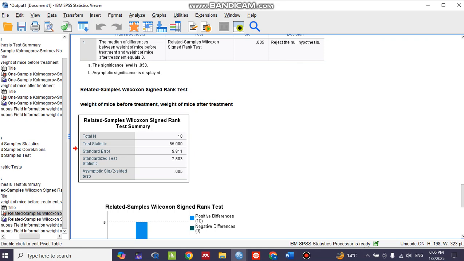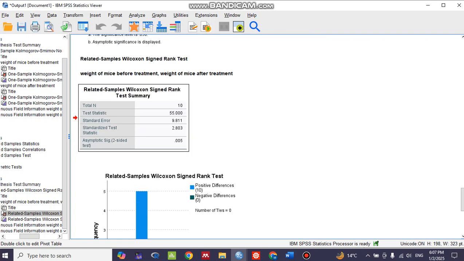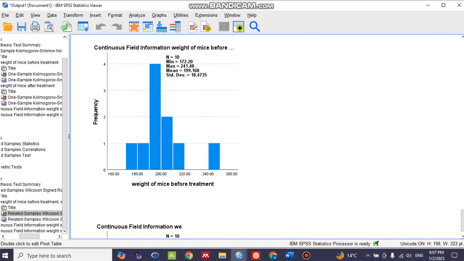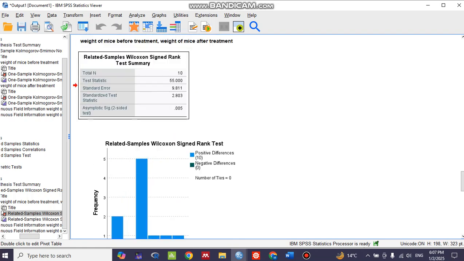Here you can see that the significance value is less than alpha, so we are going to accept our H1, concluding that the treatment has a significant effect on the weight of mice, and an increase is observed. So from here you can see all the differences are positive. That means there is an increase in the weight of mice, and this is the interpretation of this table and this graph.